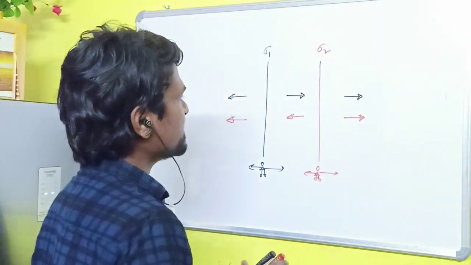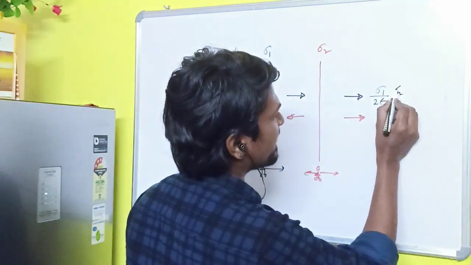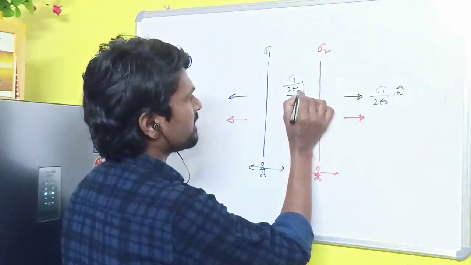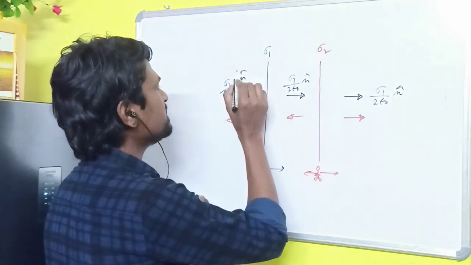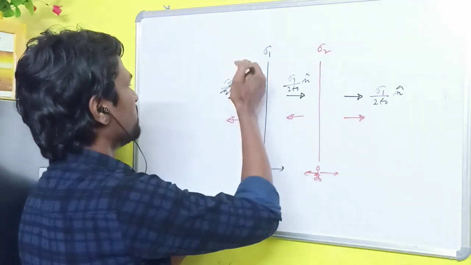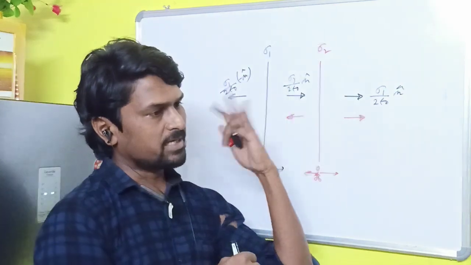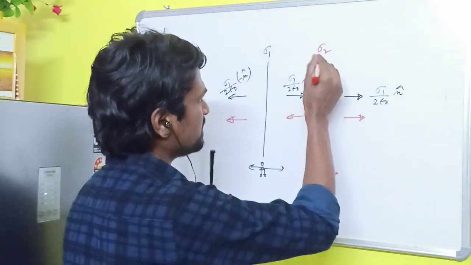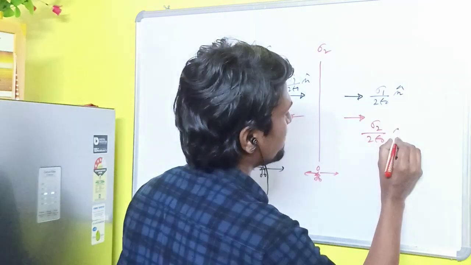Plus sigma means sigma 1 by 2 epsilon naught into n cap. The n cap is more vital. Here it is sigma 1 by 2 epsilon naught and n cap, and this is also sigma 1 by 2 epsilon naught, but since this is on the left side and this is on the right side, this one is minus n cap.